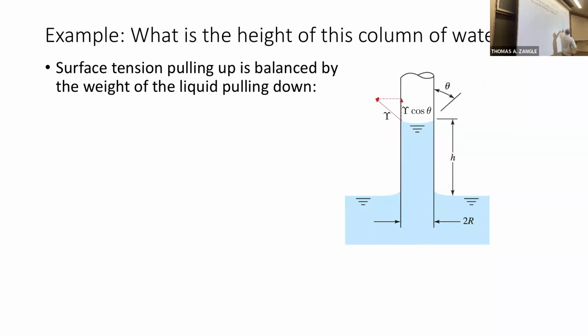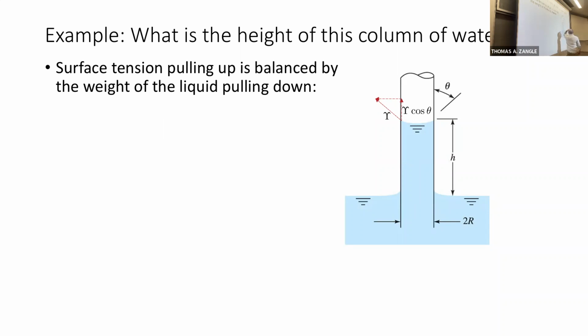Remember, if we're looking at this meniscus, we're going to have some surface tension force gamma. The coefficient of surface tension is force per unit length, and it acts parallel to the surface of the water.